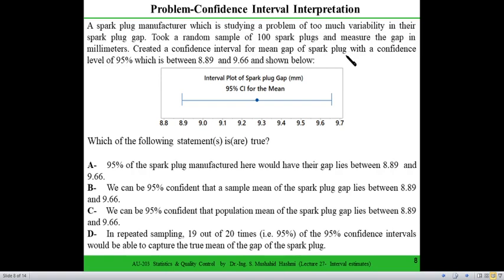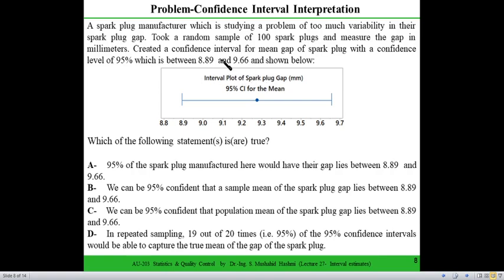Take a random sample of 100 spark plugs and measure the gap in millimeters. Below is a confidence interval for the mean gap of a spark plug with a degree of confidence, or confidence level, of 95%. It means alpha would be 0.05, because 1 minus alpha is the degree of confidence. Their lower and upper limits, we will see how to calculate them, but let's say they are available right now.